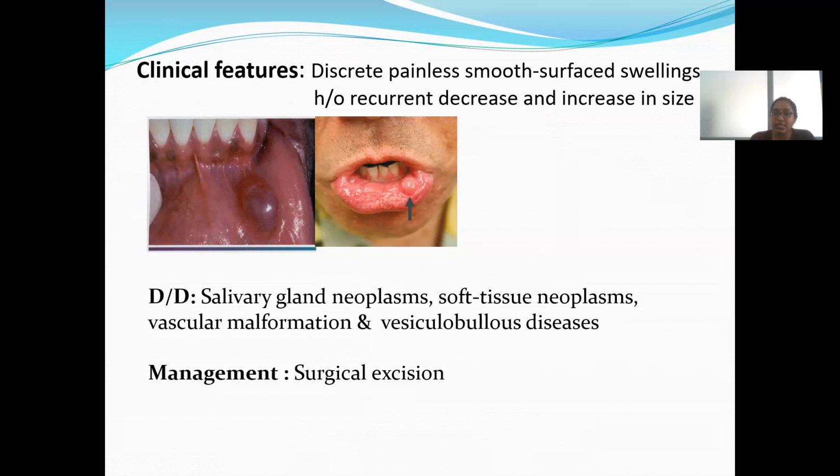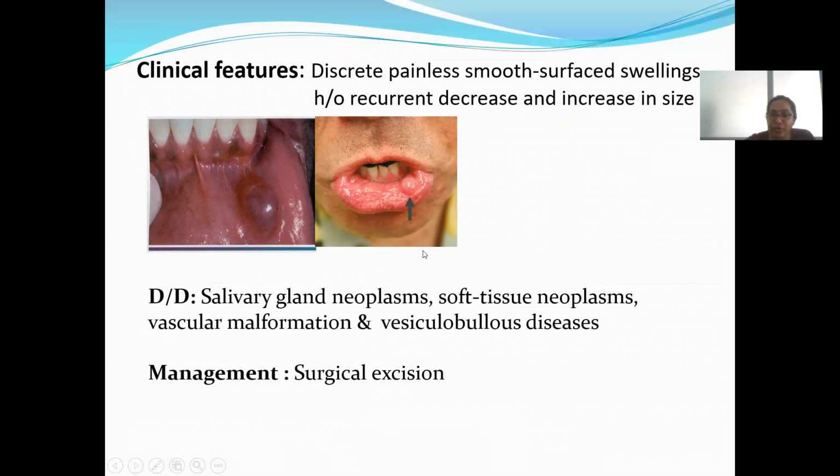Why is this region very important as a diagnostician? Sometimes a minor salivary gland tumor or any soft tissue neoplasm of the oral cavity can mimic, or look similar to, a mucocele.